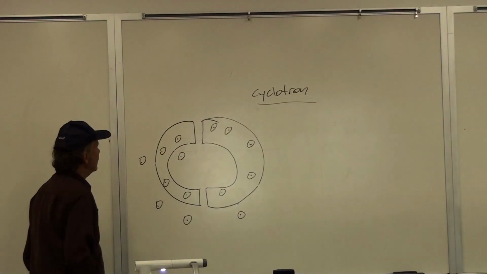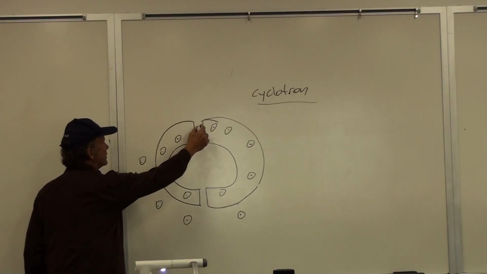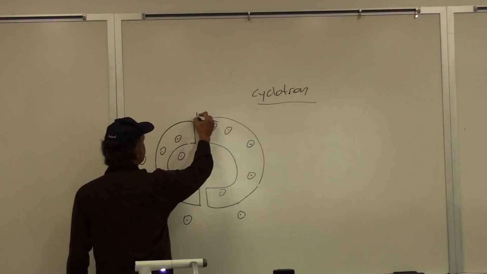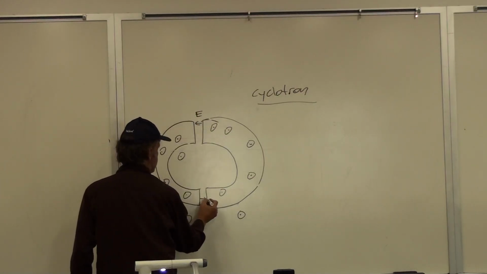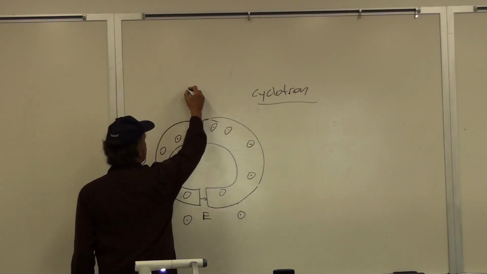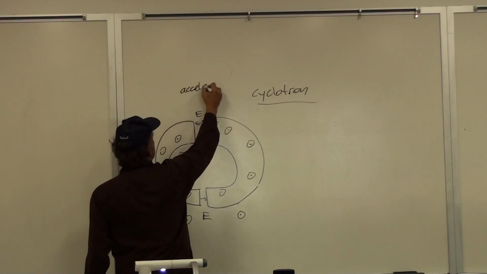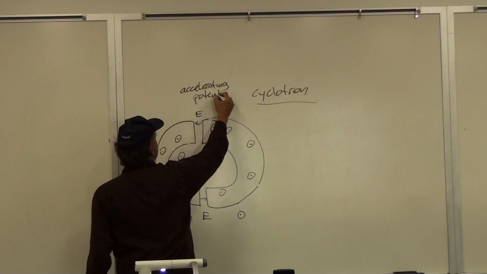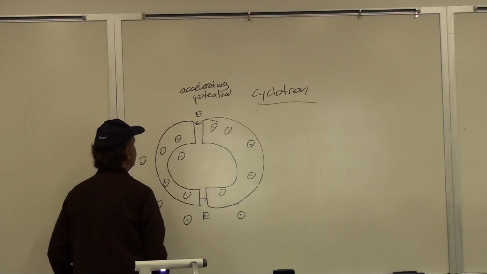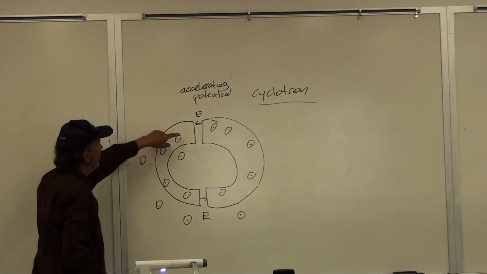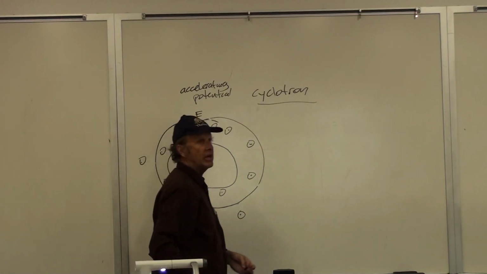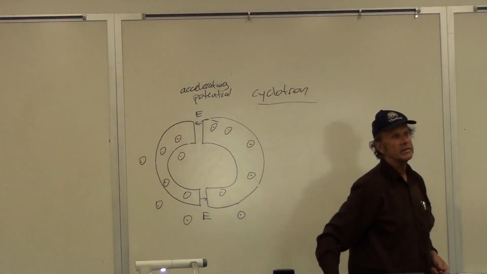And then what you're going to want to do is accelerate charged particles through an accelerating potential here. So you move it through this accelerating potential, and then the particles move into a region that is kind of U-shaped like this, of constant magnetic field.